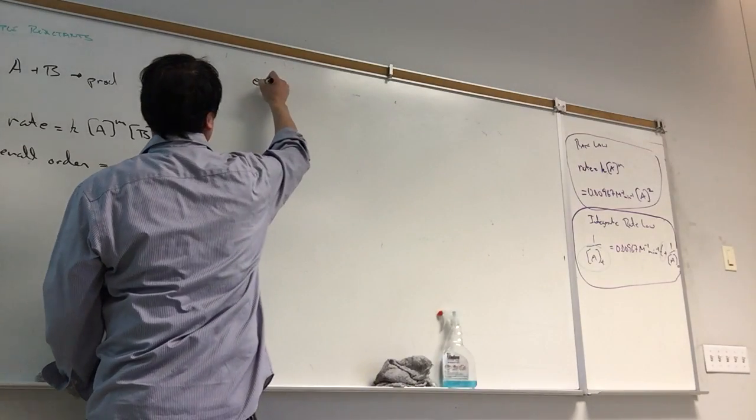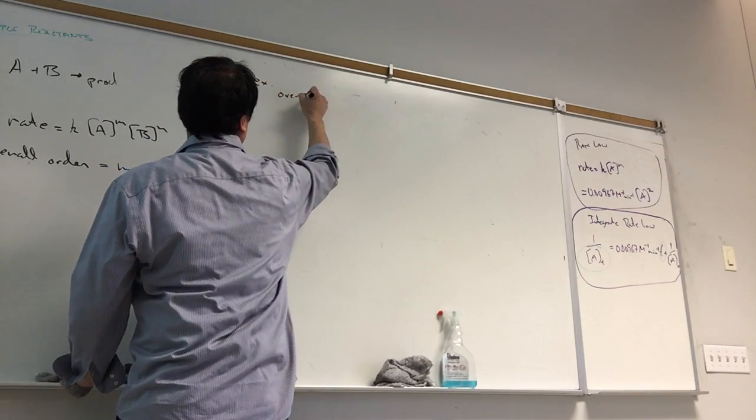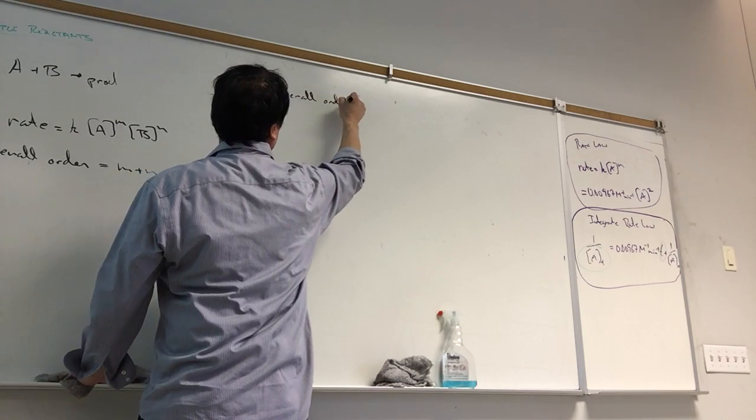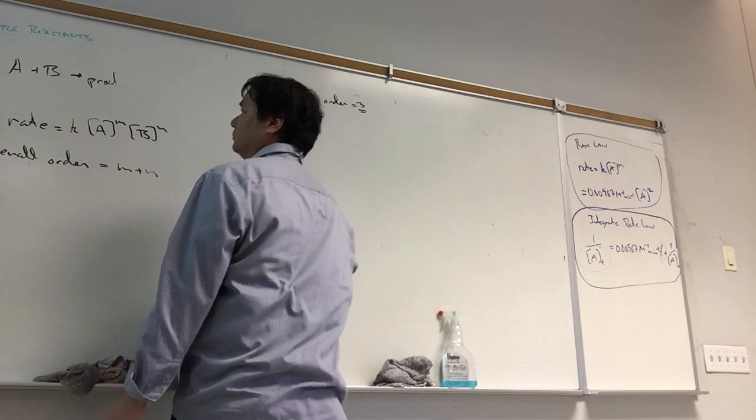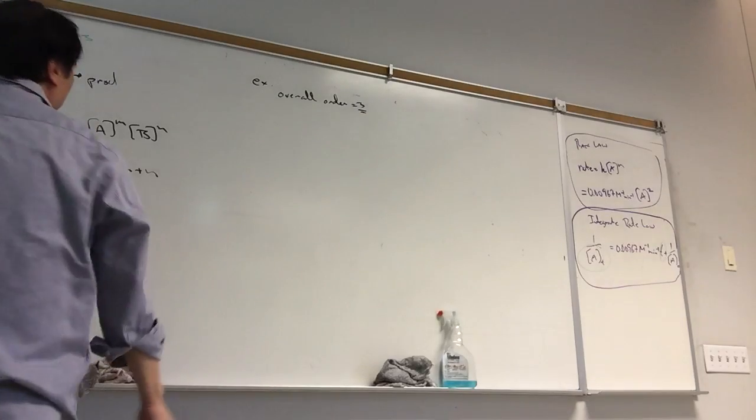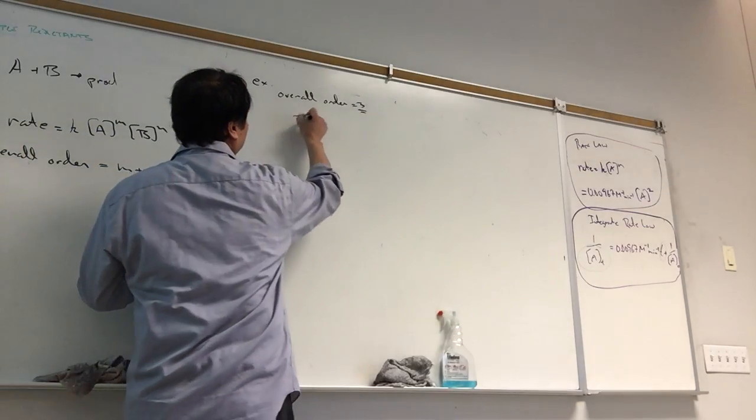So in this example, let's say the overall order equals 3. Then we have different possibilities.